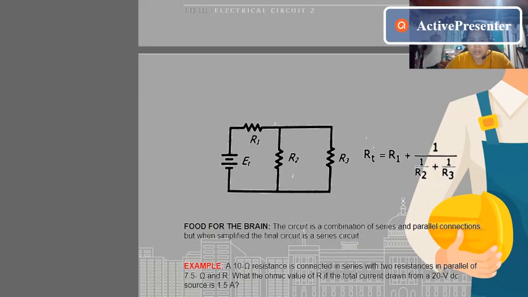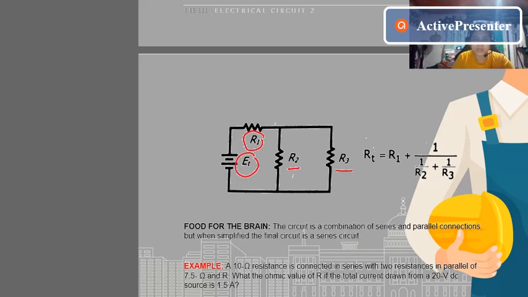So, we have our formula. Makita nato diri in a series parallel, we have our total voltage and nakaseries siya for our R1, and after sa atuang R2, ang R2 and R3 is parallel ang atuang circuit.